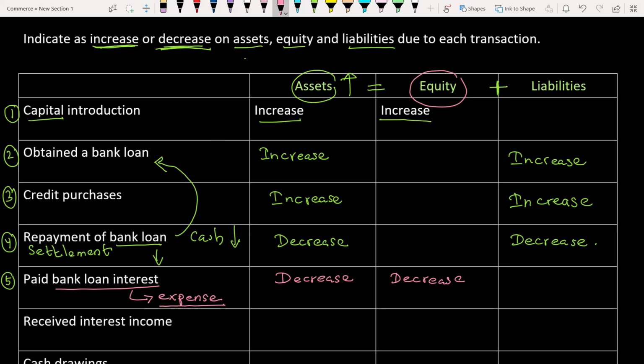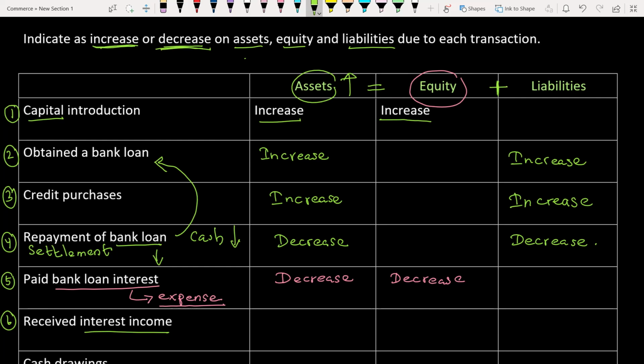Right, now let's take a look at the sixth transaction. Received interest income. For example, let's say the business opens a fixed deposit. Fixed deposit is an investment method.